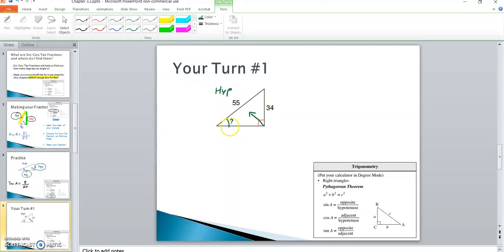Then the other side that this angle touches is my adjacent, and the leftover one is my opposite. Now, I would like you to pause the video and choose which fraction we are going to use. So I want you to circle the two sides with numbers and figure out which fraction we're going to use.